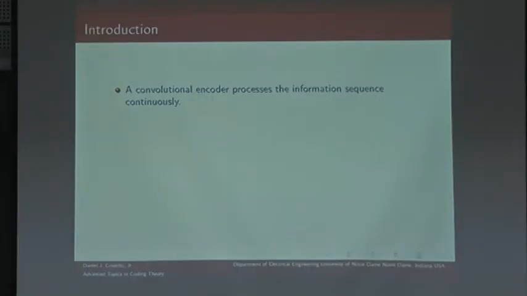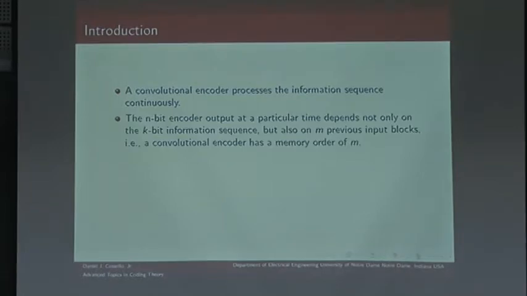So a convolutional coder, as we indicated briefly yesterday, processes an information sequence continuously rather than block by block like is done in a block code. So we have an n-bit encoder that puts out n bits at a time.